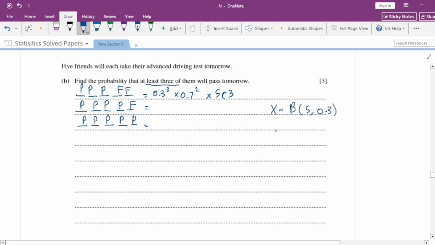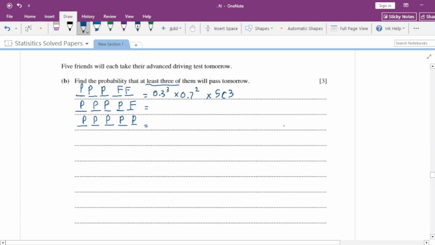And this case was basically the probability that x equals 3, and that expands to 5 choose 3 into probability of success 0.3 raised to power 3, and probability of fail 0.7 raised to power 5 minus 3, that would be 2. So you can see that the binomial distribution is also following this exact same pattern. That is why 5 choose 3 over here. So now it's your choice. You can either go by this method or this method, whatever way you find most comfortable.